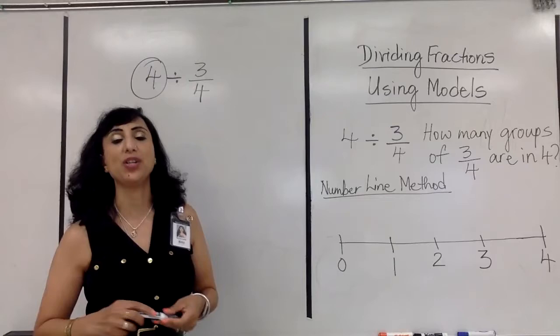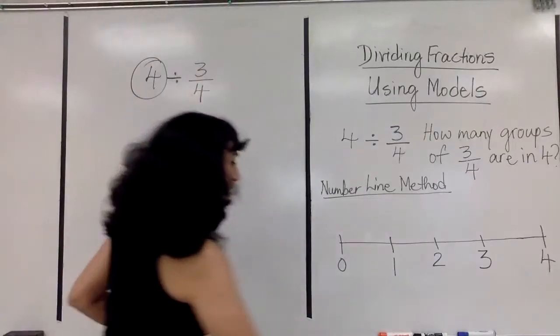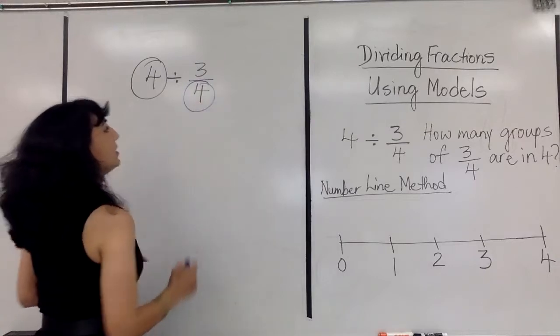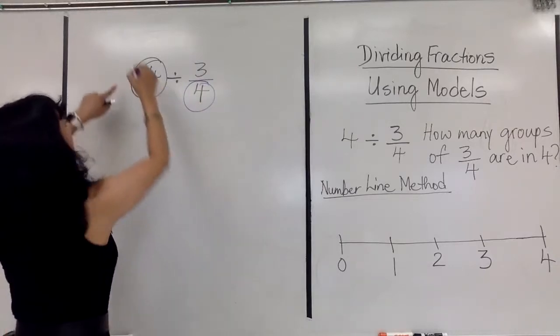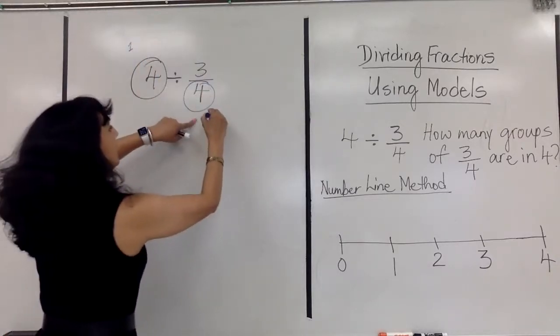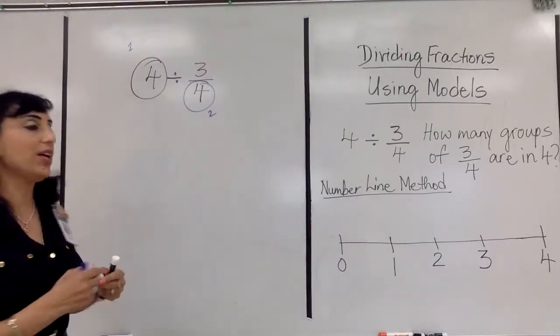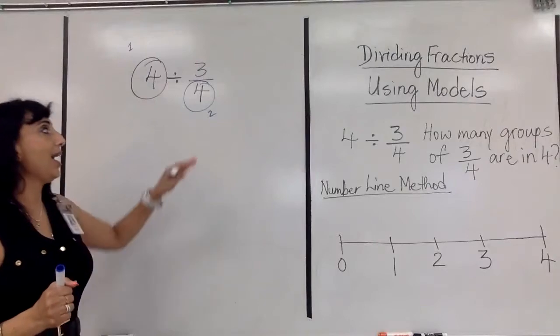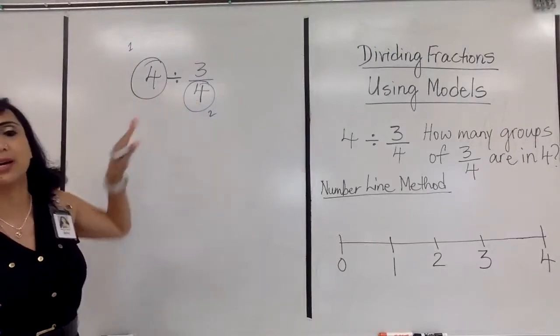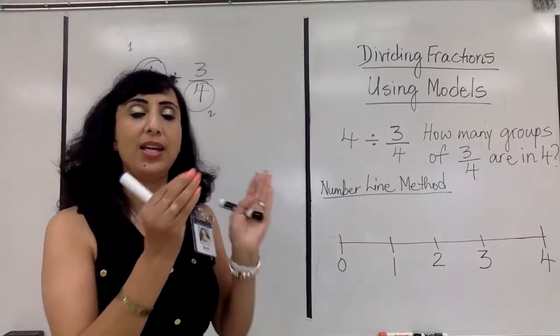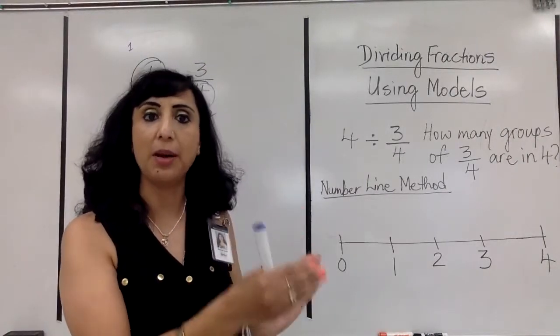Next thing I'm going to look at is my denominator. Looking at the denominator, that helps me determine how many parts there need to be in each section of the number line.